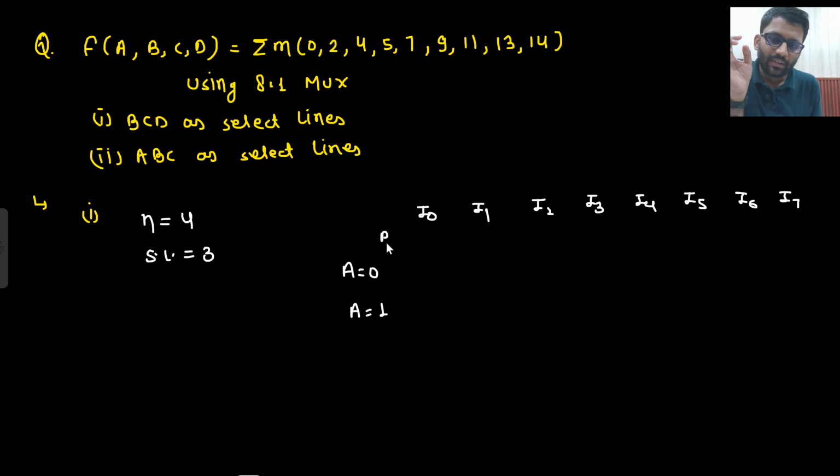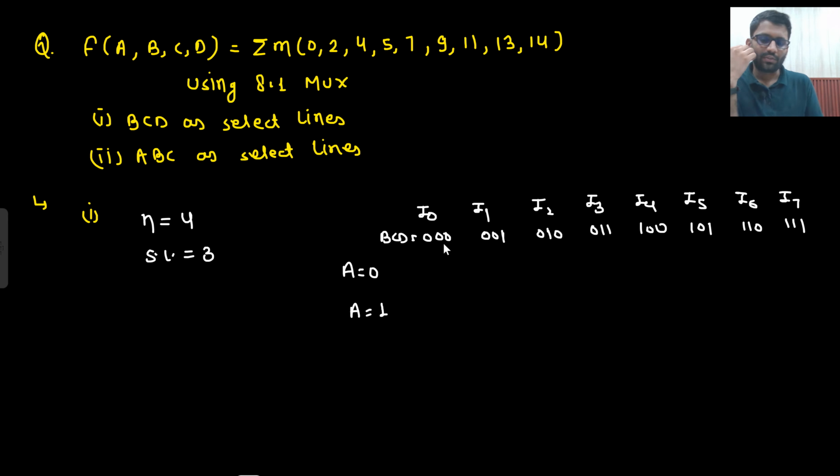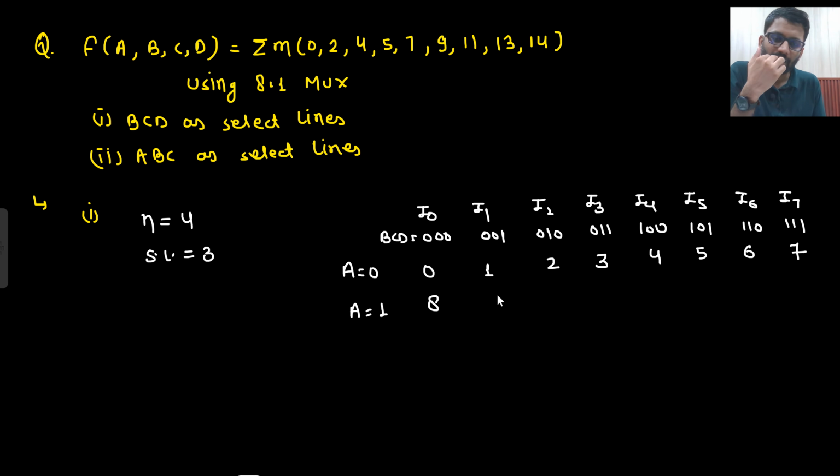So BCD, these are the values of BCD. 0, 0, 0, 0, 0, 1, 0, 1, 0, 0, 1, 1, 1, 0, 0, 1, 0, 1, 1, 1, 0, 1, 1, 1. So this would be 2, this would be 3, this would be 4, 0, 1, 0, 0. This would be 5, 0, 1, 0, 1. 6, 7, 8, 9, 10, 11, 12, 13, 14 and 15.